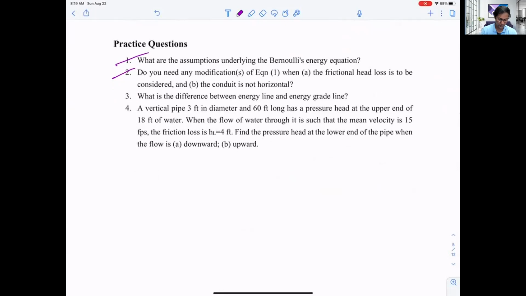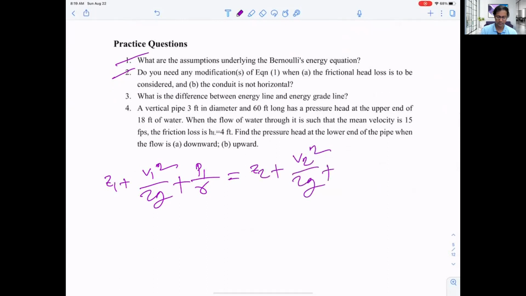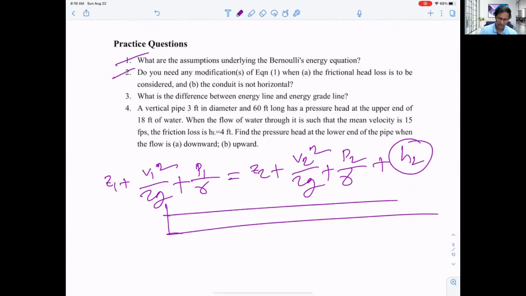If we have this equation, P1 over gamma plus V1 squared over twice g plus Z1, I'm writing in a different order, no problem, equals P2 over gamma plus V2 squared over twice g plus Z2, we need this term HL, we have to add this. Even if the pipe is perfectly horizontal, we have to add this head loss because we're having head loss because of the frictional effect.